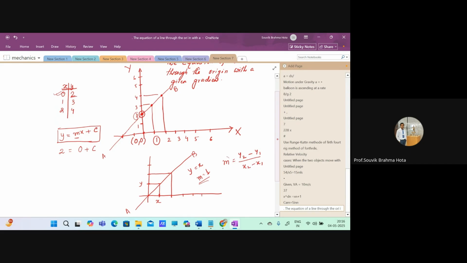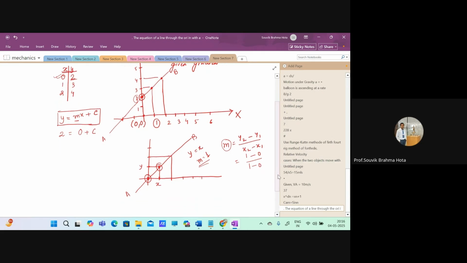Whenever you calculate m, always take 2 points. If I take one point over here and another over here, it is quite justified, isn't it? This one is 1 minus 0, 1 minus 0, correct? Yes, sir. Even if you take two other consecutive points like 1 comma 1 and 2 comma 2, the same thing applies, correct? Yes, sir.